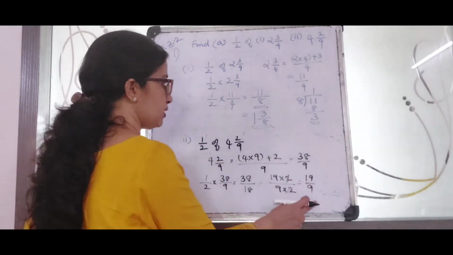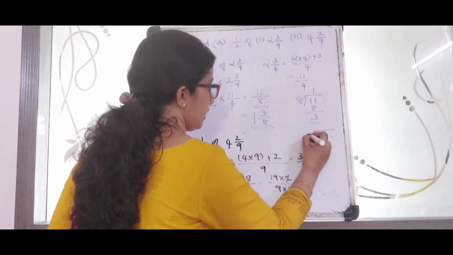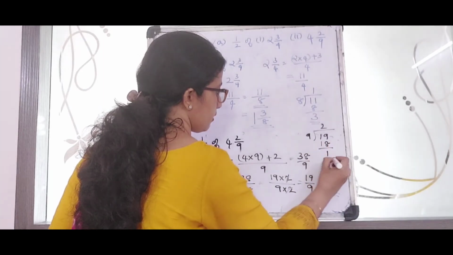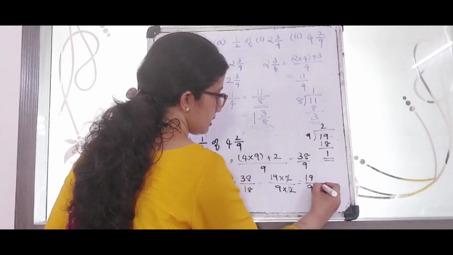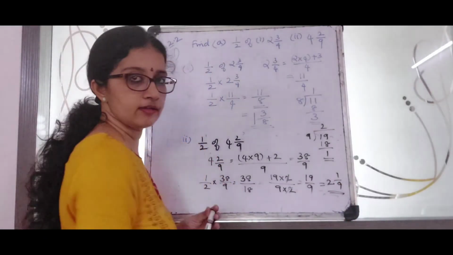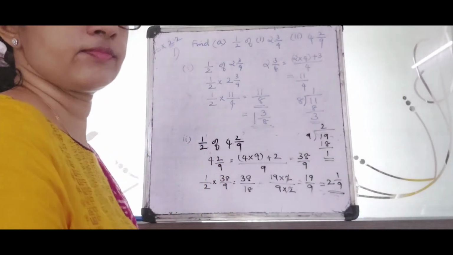Okay? Now this has to be written in the form of a mixed fraction. So 19/9, 9 2s are 18, 1, right? So it is equal to 2 1/9. Okay? Clear? Now let's go into the next problem.